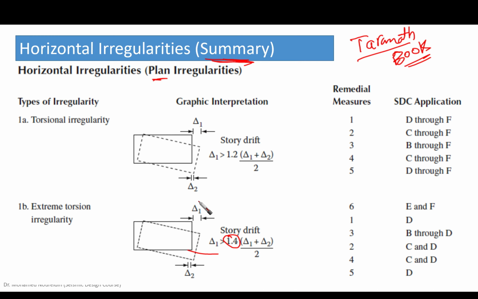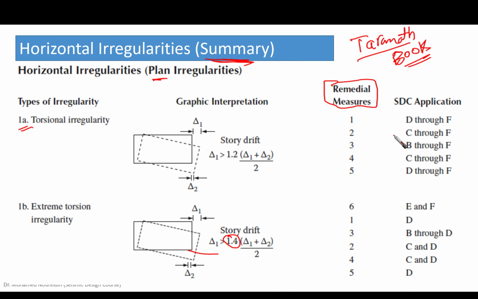So here there is something important: as we said, the SDC application for this torsional irregularity, 1A, is applicable from D through F, almost for all of the categories, but we have something called remedial measures.